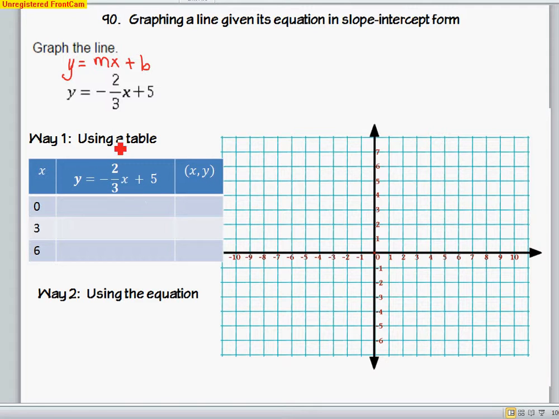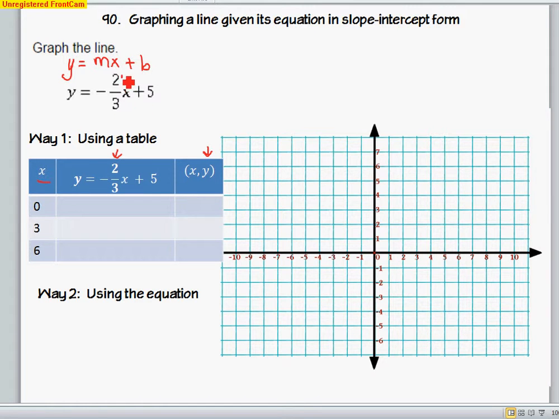So I already have a table drawn here, and notice over here I have my x's, and over here in the center I have the equation, and then over here on the right it's going to show the finished coordinates. So I have the numbers 0, 3, and 6. Why did I choose 0, 3, and 6?